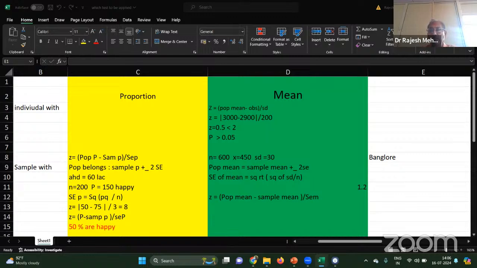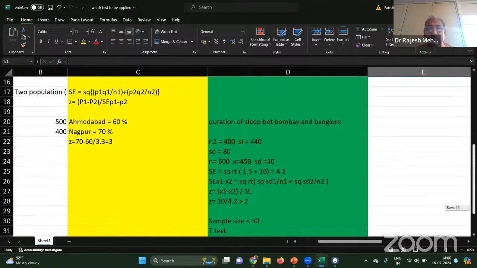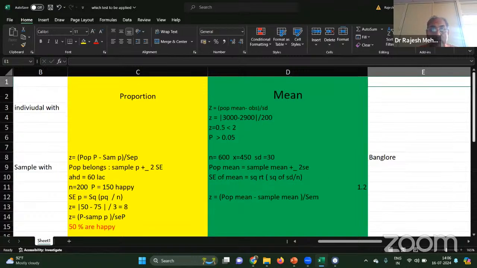Type your answer yes or no. Or if you do not know, write do not know, but write something. Today, if you participate, you will be almost an expert on which test to be utilized when.